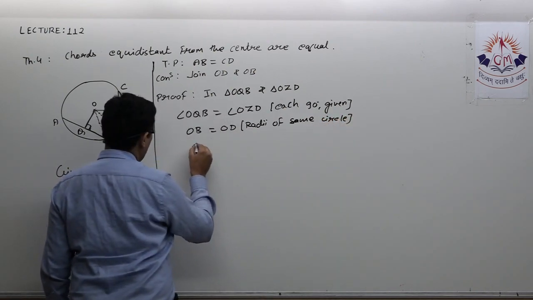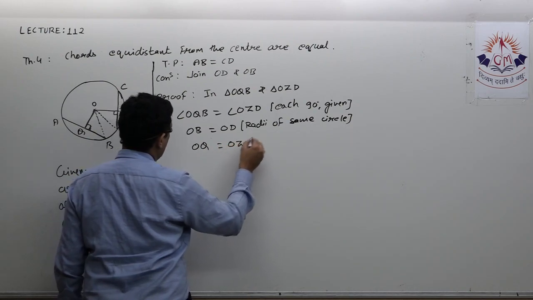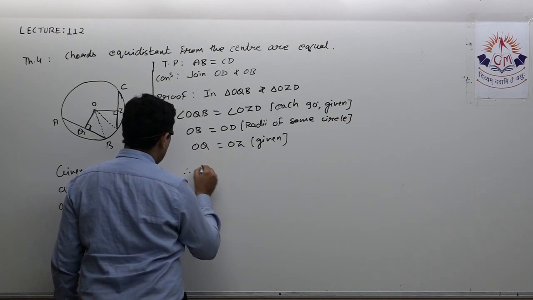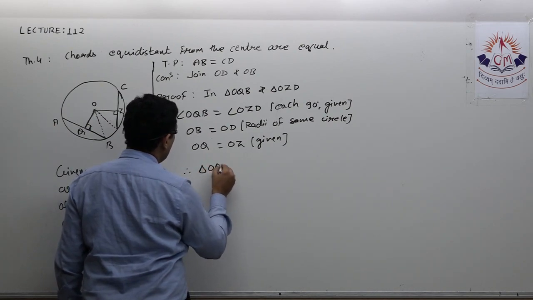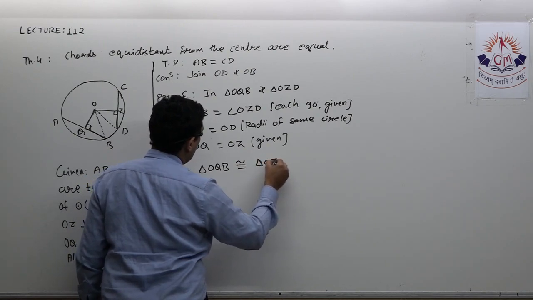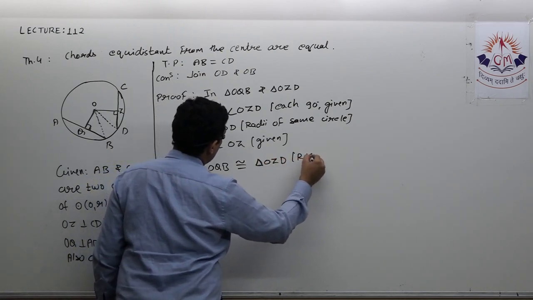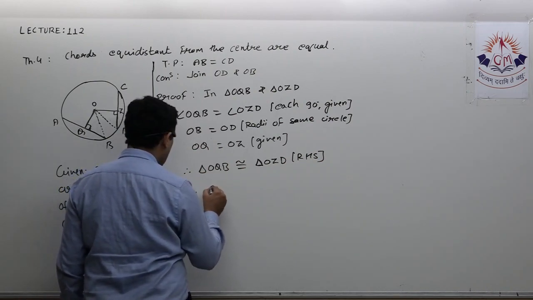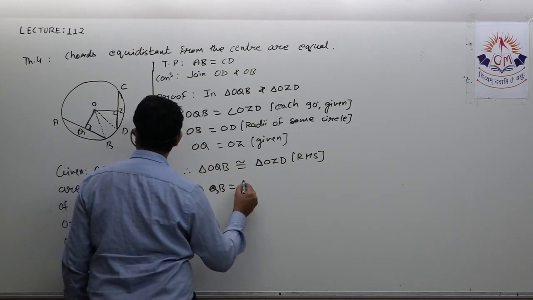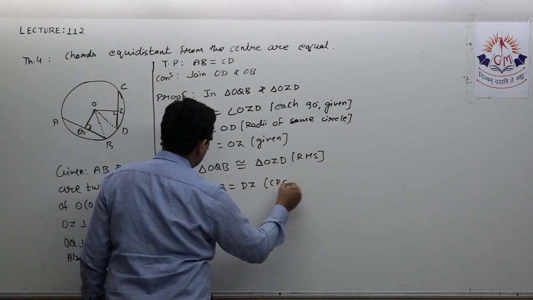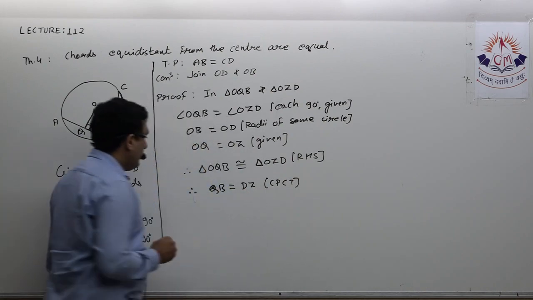Then OQ is equal to OZ, that is given. Therefore triangle OQB is congruent to triangle OZD. Again the reason is right angle hypotenuse side, and hence I can say QB is equal to DZ by CPCT.